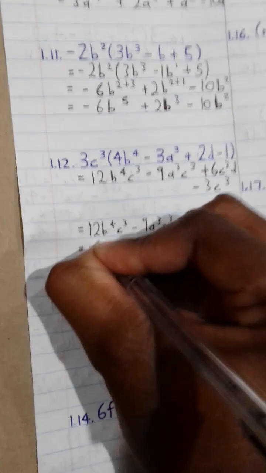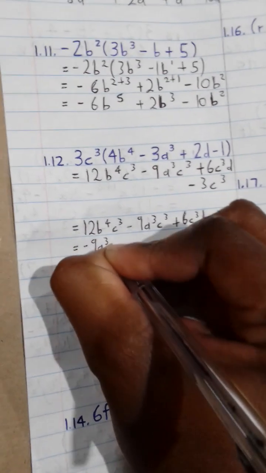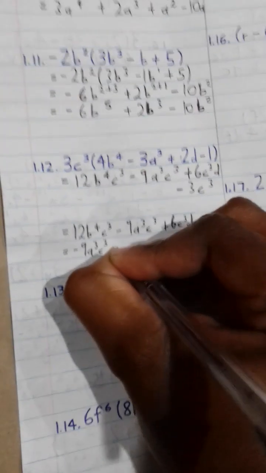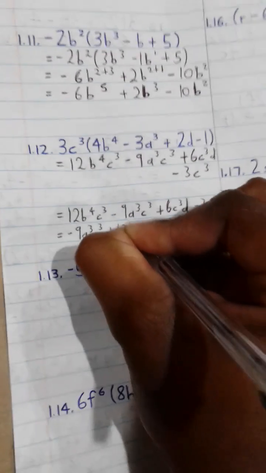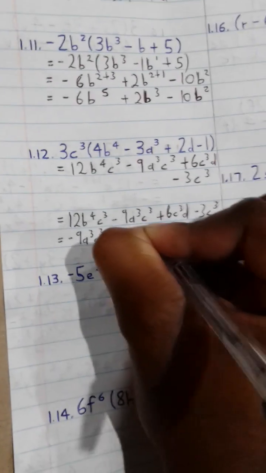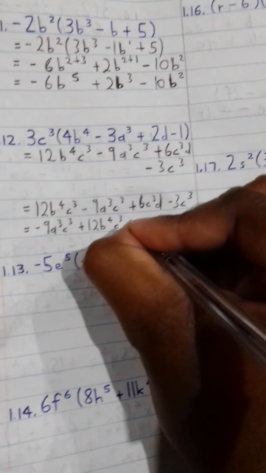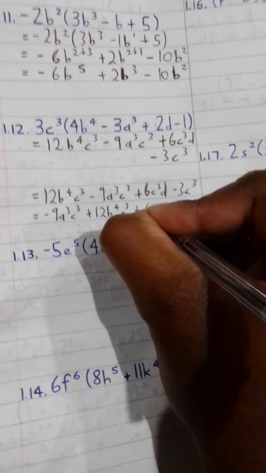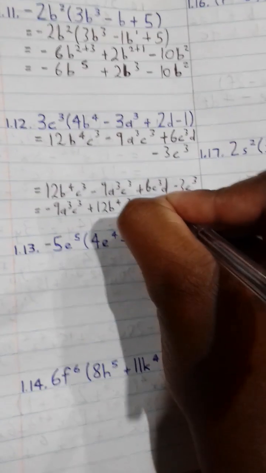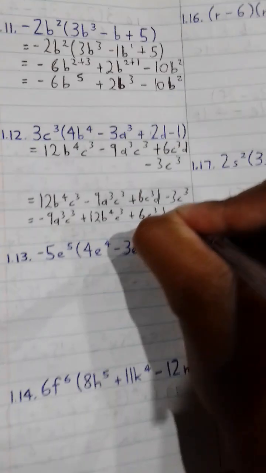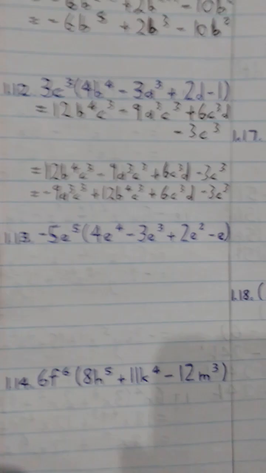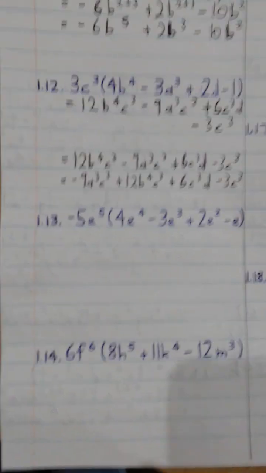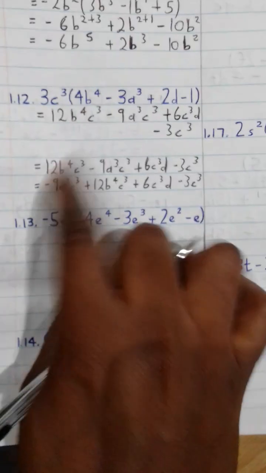But negative 9, a to the power of 3, c to the power of 3, plus 12, b to the power of 4, c to the power of 3, plus 6, c to the power of 3, d, minus 3, c to the power of 3. I hope that is clear. I hope that makes sense. Because it's a, c, b, c, c, d, and then even if this came here, it's still correct.